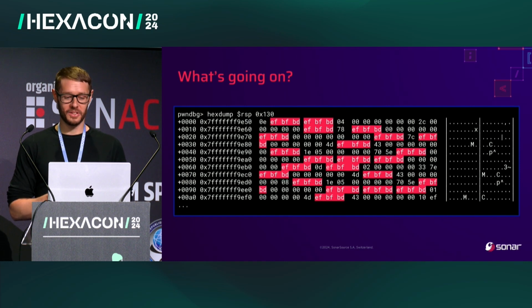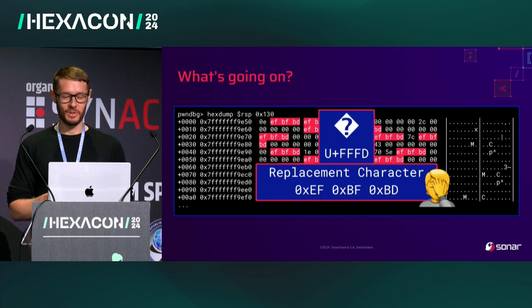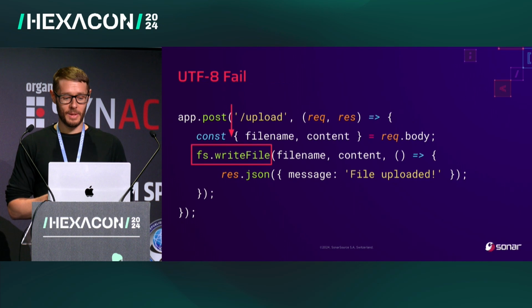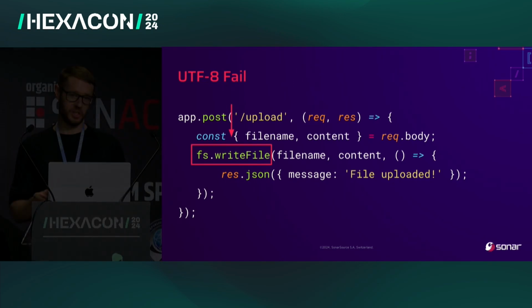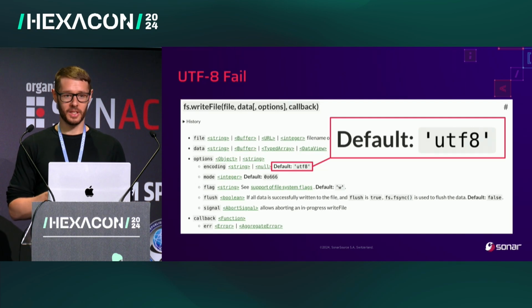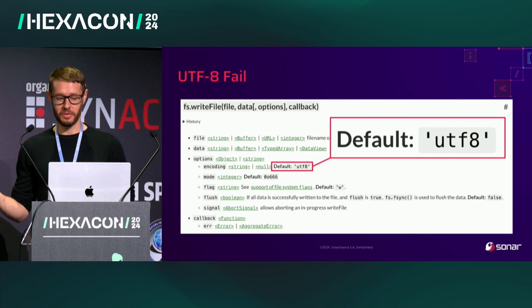Have a look at all these 3 byte sequences here. Do you know what these are? UTF-8 encoded Unicode replacement characters. The file write primitive is using the fs.write file function. This function encodes the output using UTF-8 by default.